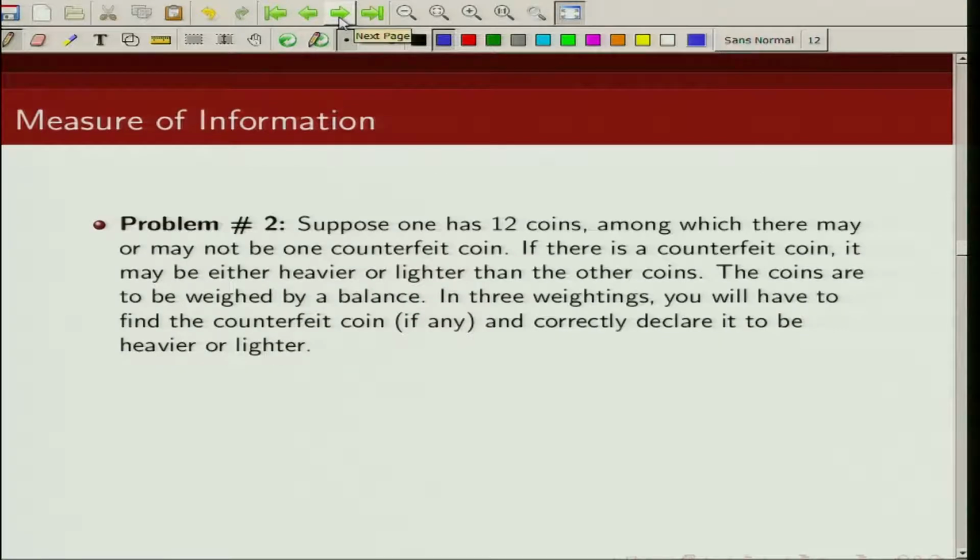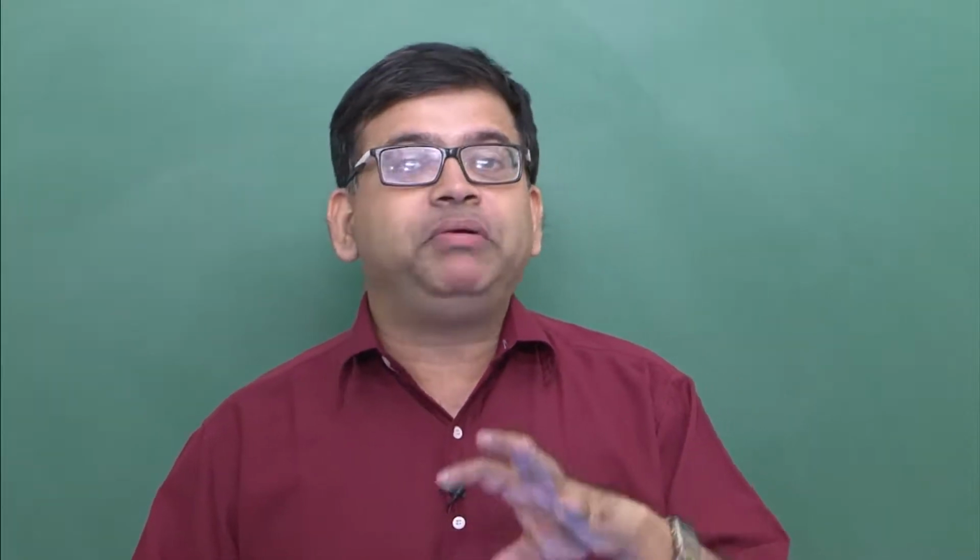The next question that we are going to solve is, you are given 12 coins. Now you don't know whether they are counterfeit coins or not. So there might be some counterfeit coins. Now if there are counterfeit coins, the coin can be heavy or it can be lighter also. That also you don't know.